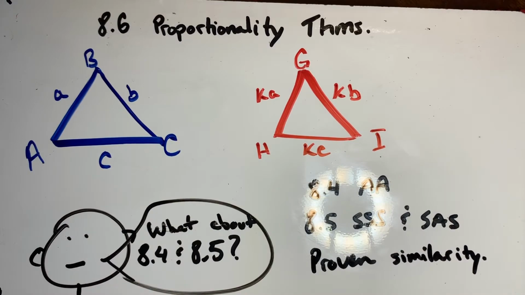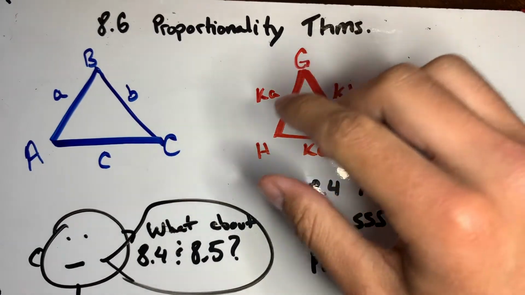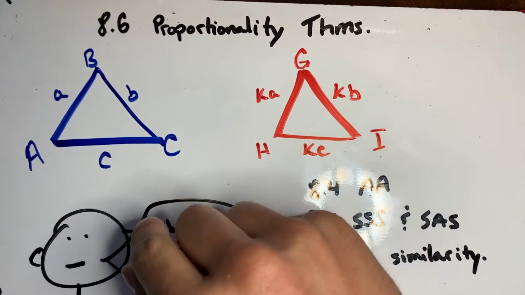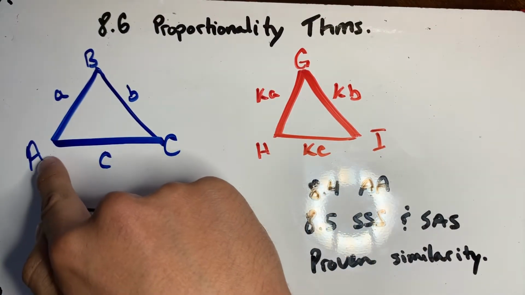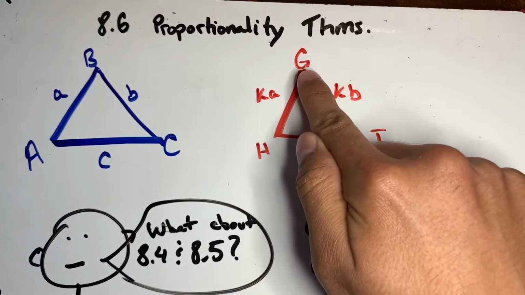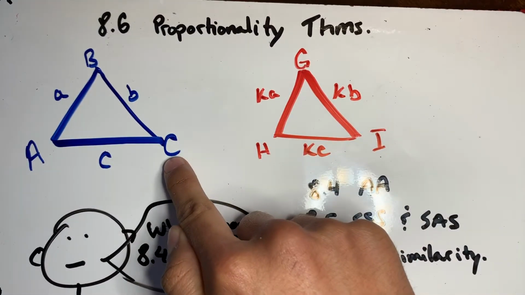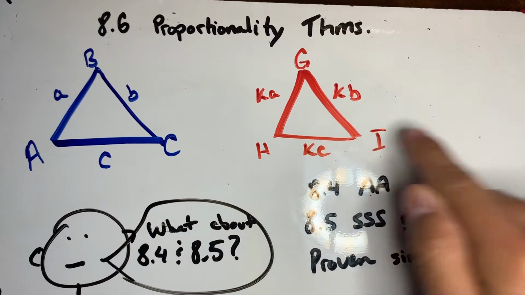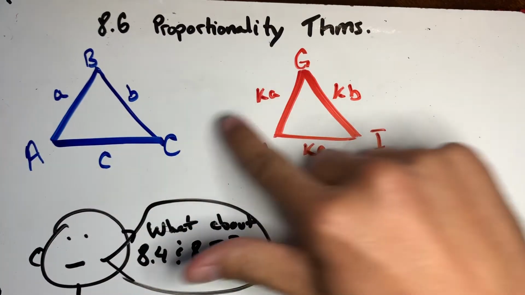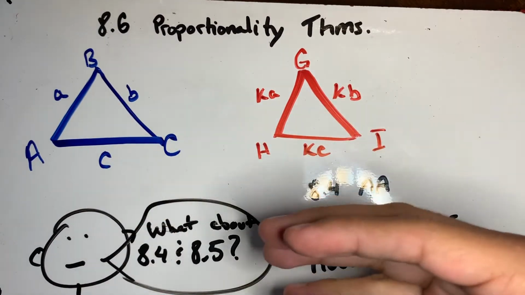All right, and so again, just to recall, similar triangles, for example, would be if angle A is congruent to angle H, angle B is congruent to angle G, angle C is congruent to angle I, and then the side lengths right here are proportional. That means they have a scale factor.